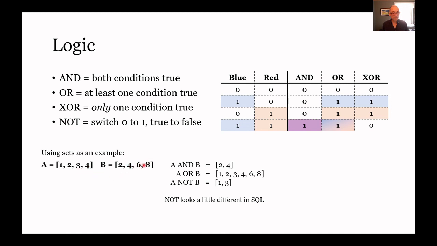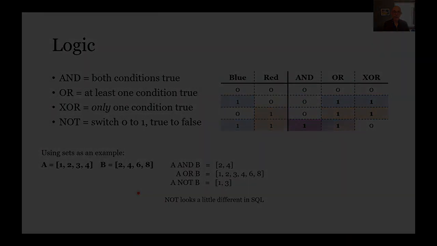And then obviously 6 and 8 do not exist in A. So our combined A and B becomes the subset 2 and 4. And similarly for all of these others. And then the NOT here: what is in A but not in B? We're looking at those numbers that exist here but don't exist in that set. So that's our NOT.